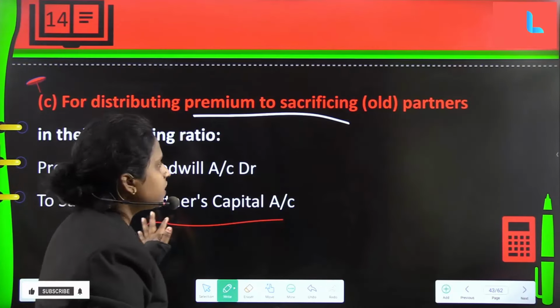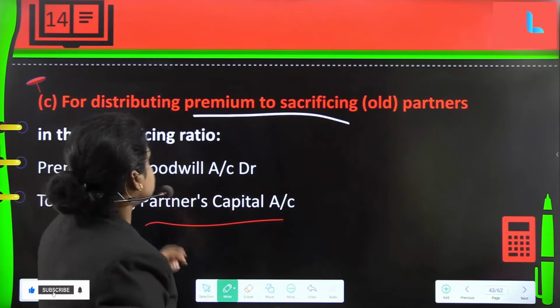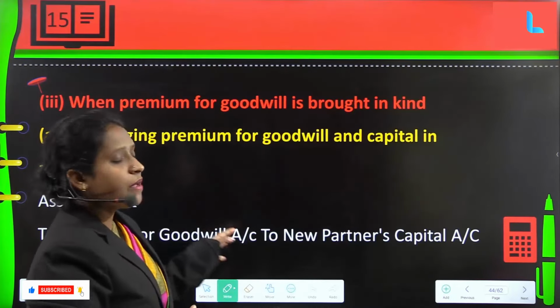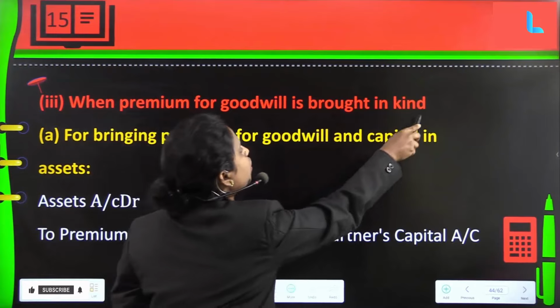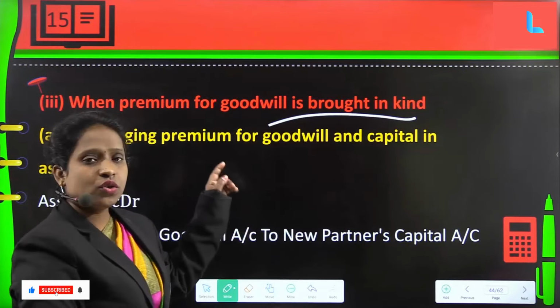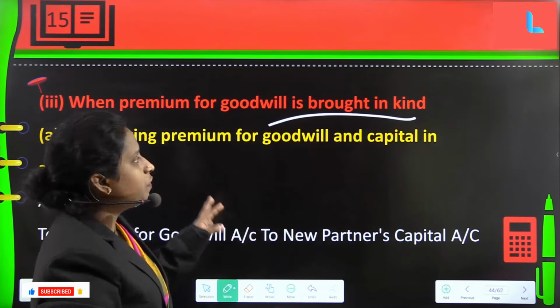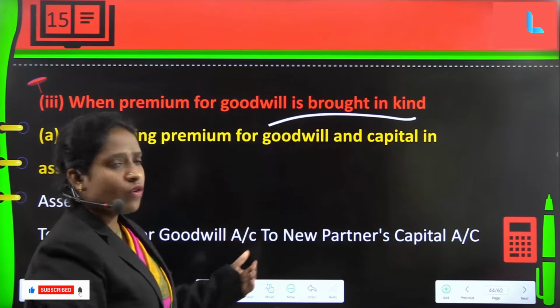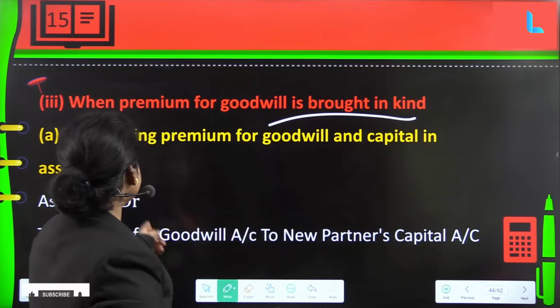Right. So this is the entry that we have to pass for this. Then, when premium for goodwill is brought in kind, in that situation, for bringing in premium for goodwill and capital in assets.